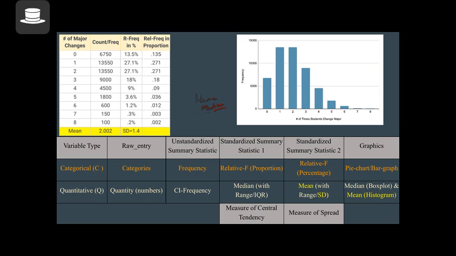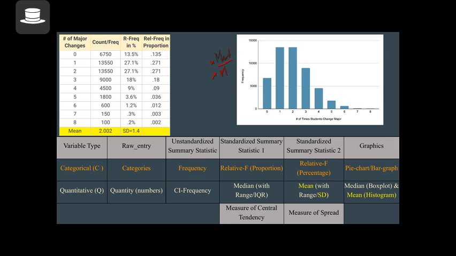If it is a quantitative variable, there are two important measures of central tendency, or a representative number. One is median, the other one is mean. These are two important ways of measuring, representing a quantitative variable.